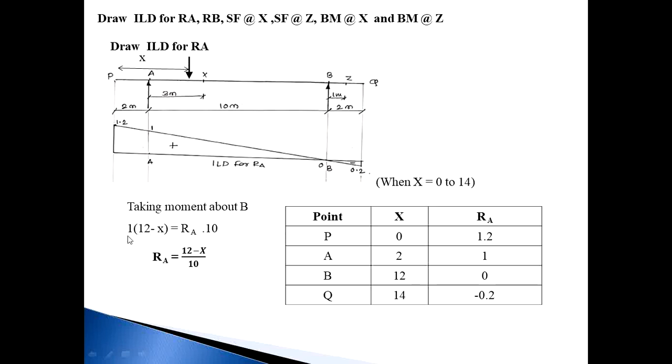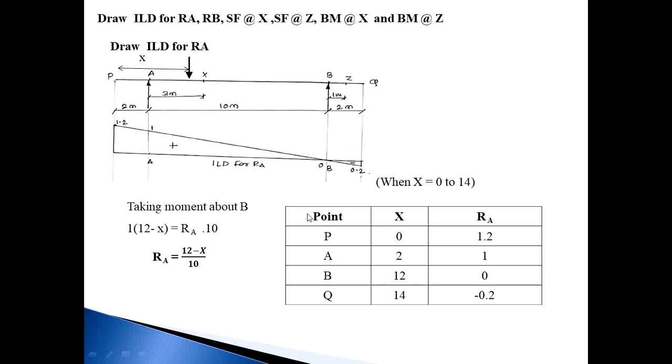So 1 into (12 minus X) is equal to RA into 10. So RA is equal to (12 minus X) divided by 10. This is the value of RA in terms of X, and X is a variable.